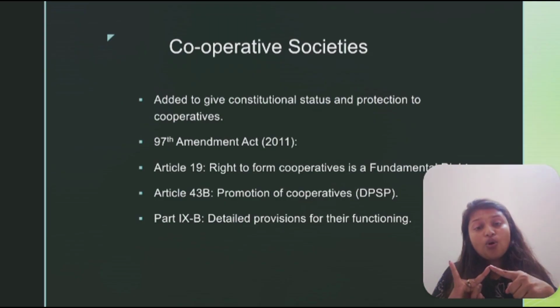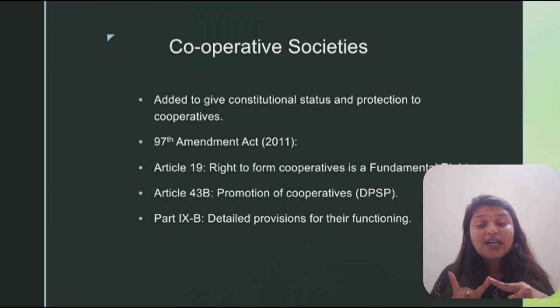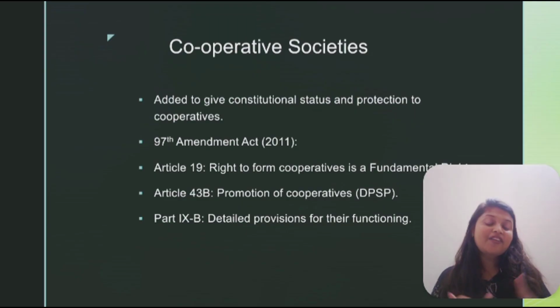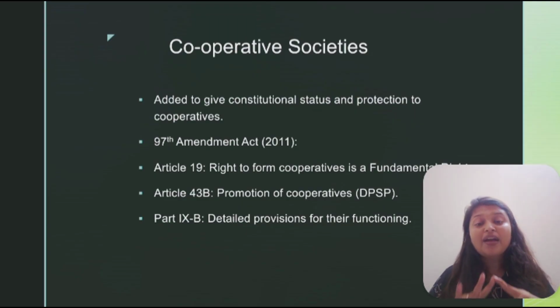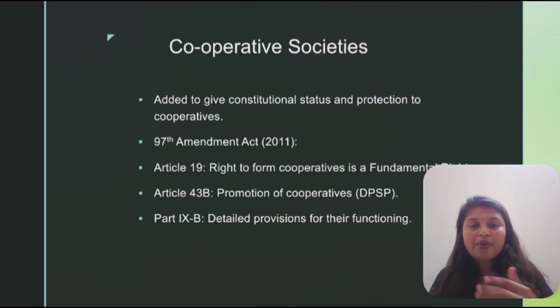It was also inserted in the DPSP, that is Directive Principles of State Policy, and a separate new part, Part 9B, was inserted into our Constitution. By all these insertions, the Constitution recognized the cooperative society.